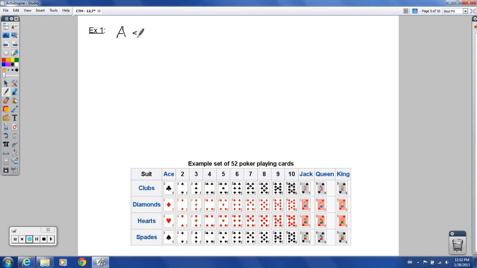So here's example 1. A single card is selected from a standard deck of cards. So I've got my standard deck down here again.